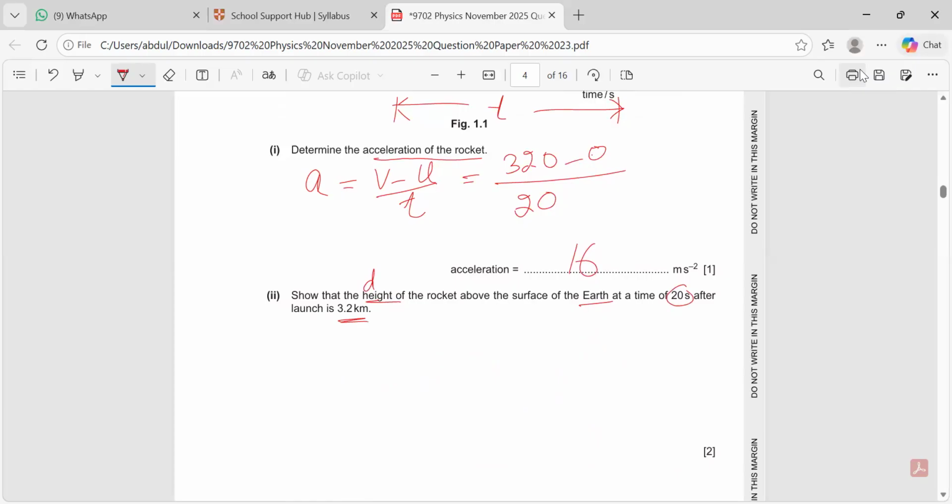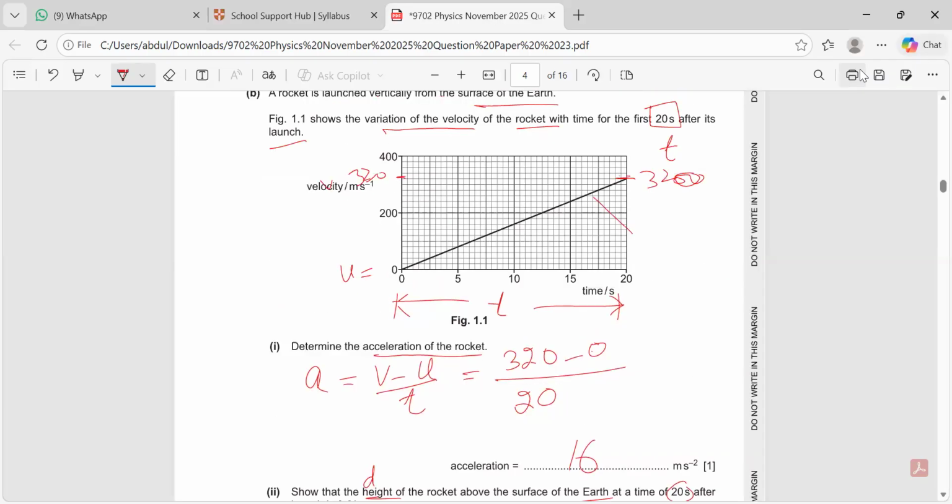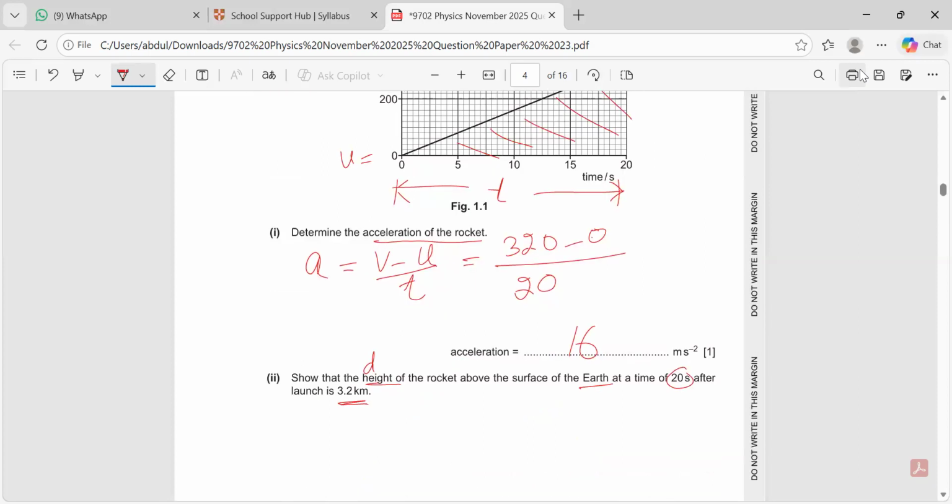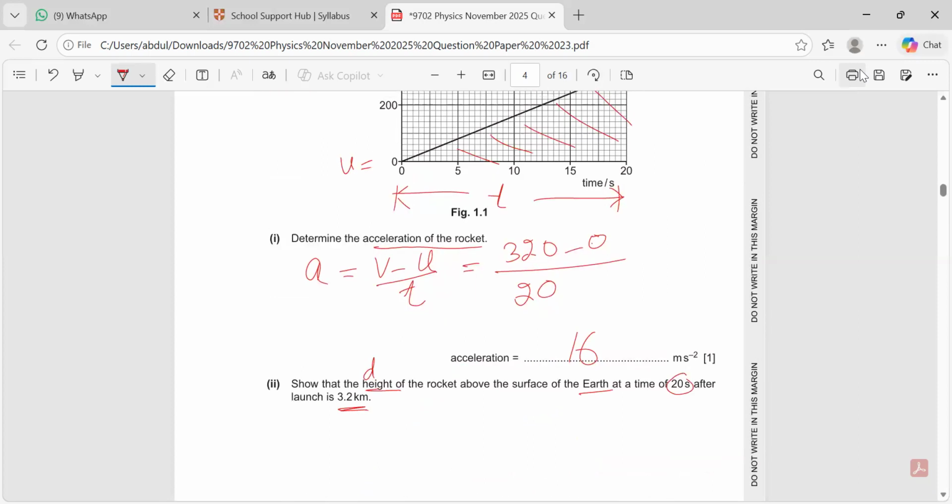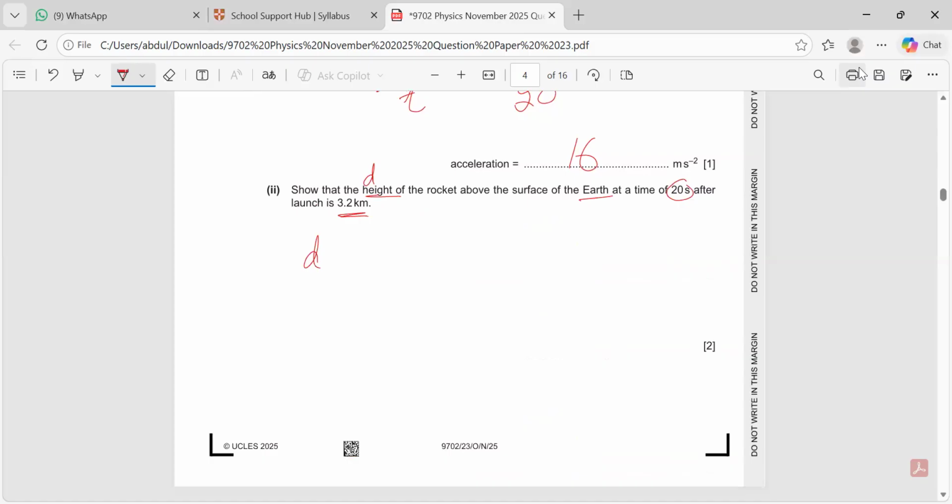So the area under the graph gives us the distance, and that is the area of a triangle. The distance will be 1 over 2 times base times height, so 1 over 2 times base, which is time 20, and height is 320, if I'm not wrong.